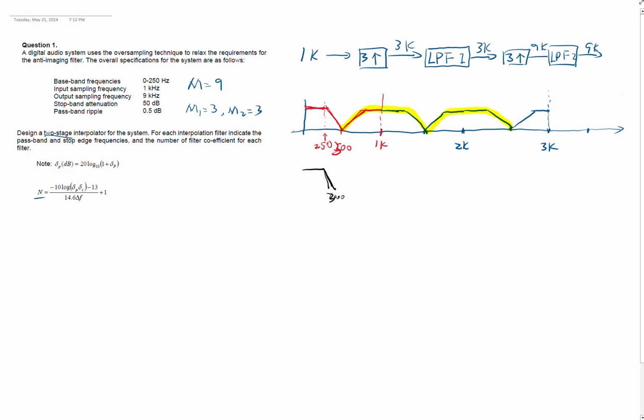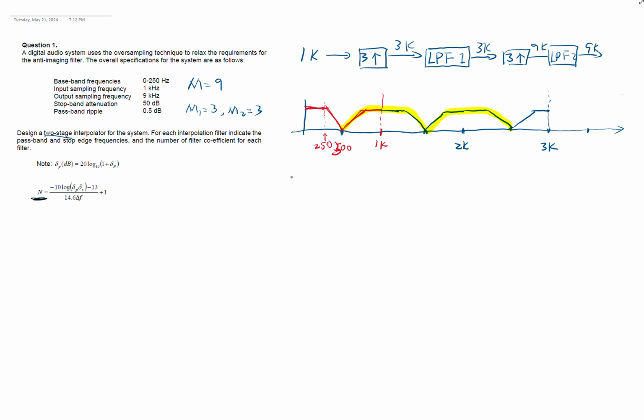But if you have a sharper transition, you will have a higher order N, which comes with a cost. But you need a filter that cuts off at least at this frequency. You can't have a 600 frequency, because this will cause an anti-aliasing problem. There will be overlap here.